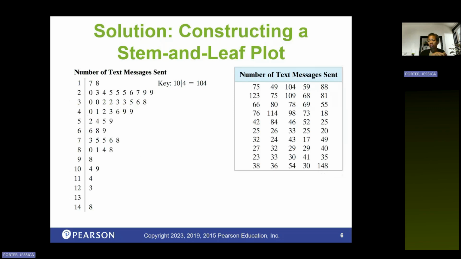And on the second row, you've got 20, 23, 24, 25 3 times, 26, 27, 29 twice. When you're constructing a stem and leaf plot, it's very important that you put your data in order.